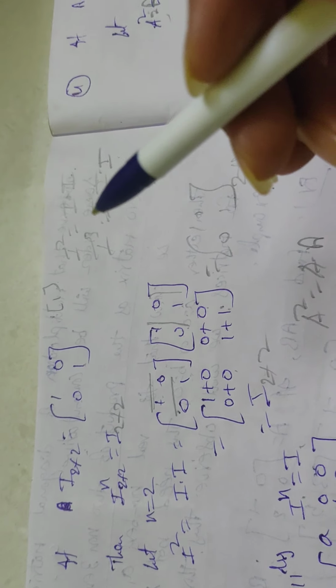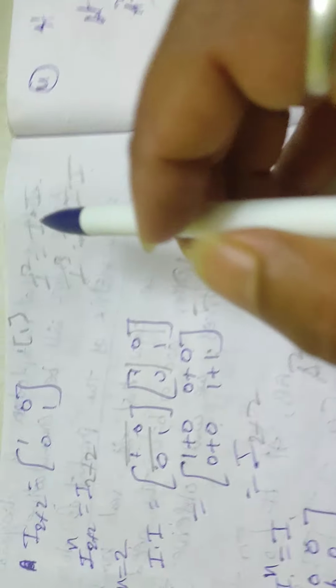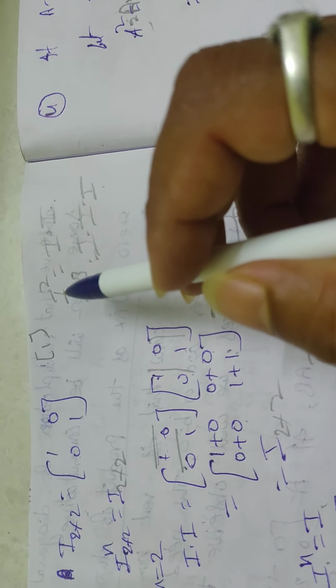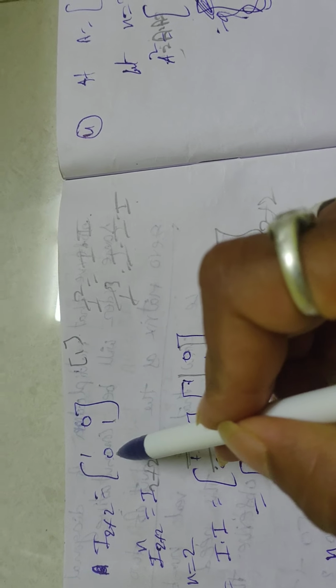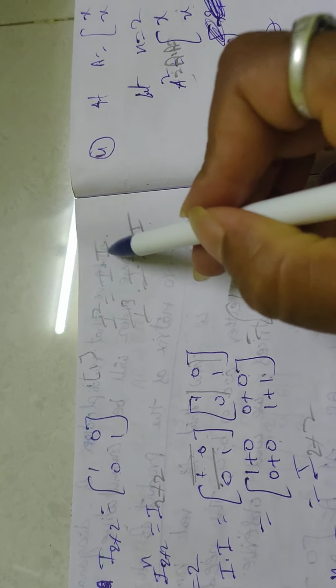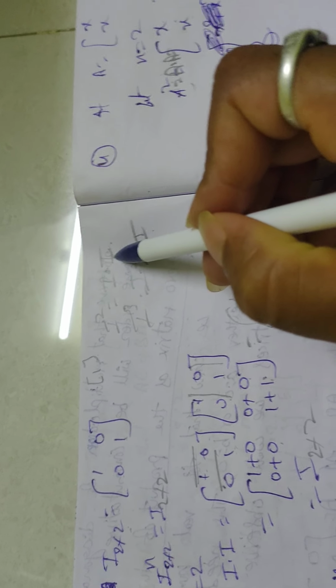Actually here you just remember I square means I into I. I square is not equal to 1 square 0 square 0 square 1 square. It is not that meaning. I square means I into I, the multiplication of these two matrices, that means multiply I with itself.